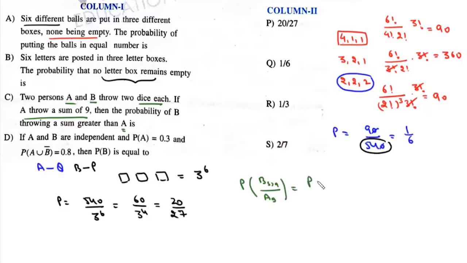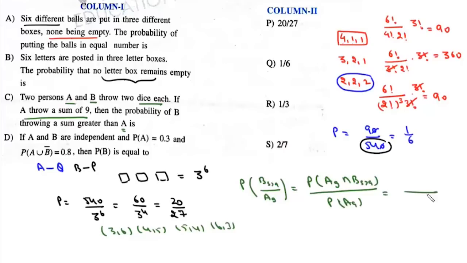Now this probability is probability of A throwing 9 and B throwing sum greater than 9, divided by probability of A throwing 9. Now we'll get 9 in a throw of 2 dice if we have 3, 6, 4, 5, 5, 4 and 6, 3.